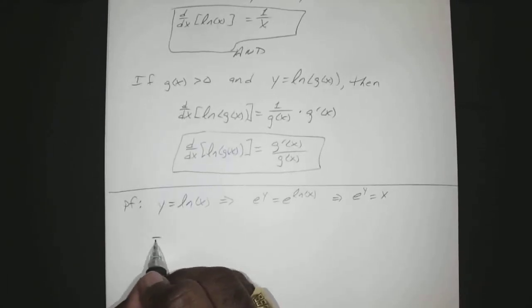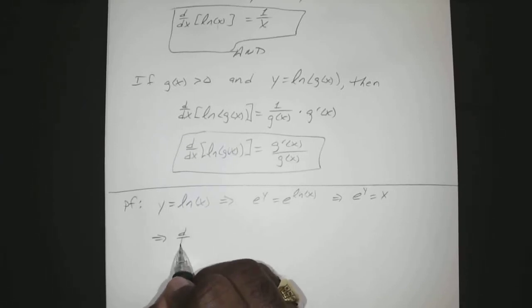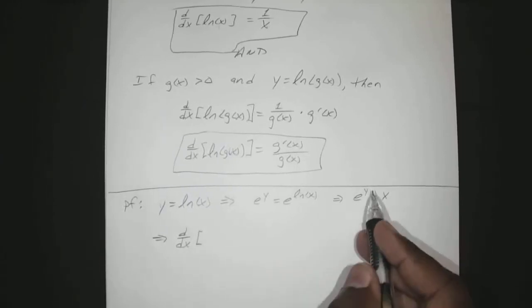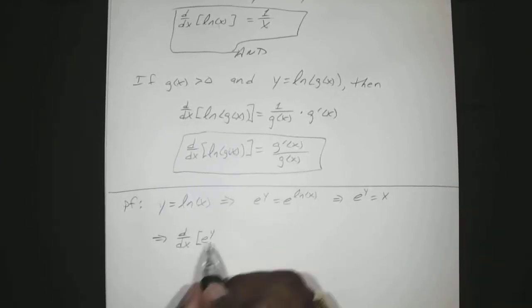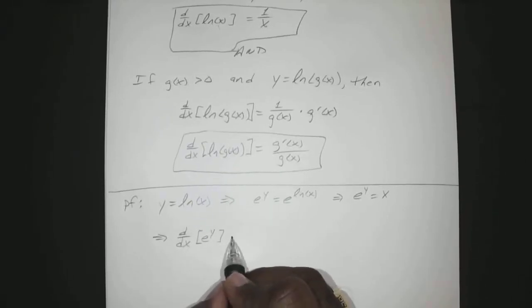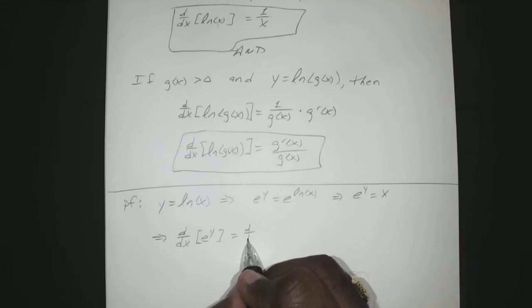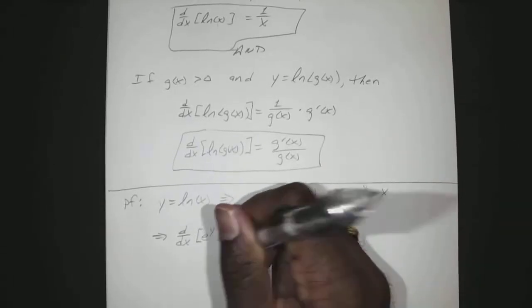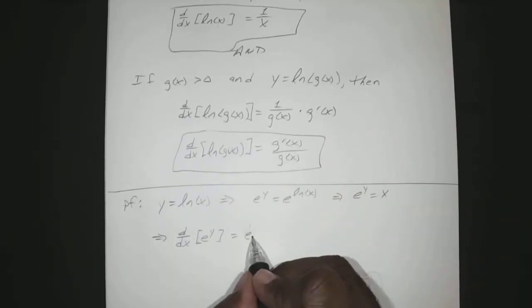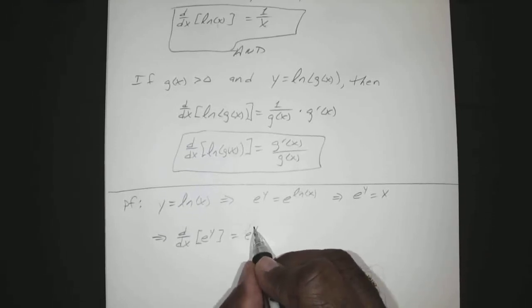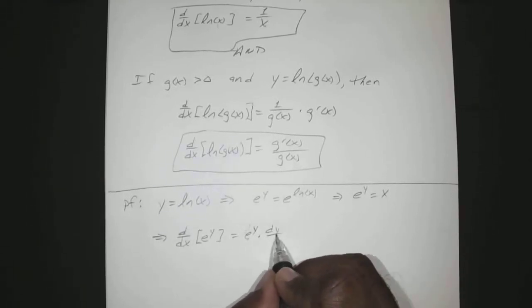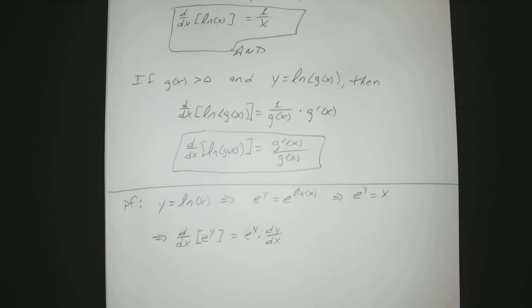Okay, so what it means if we apply the derivative with respect to x of e to the y, using the chain rule, that's going to give us e to the y times dy dx.